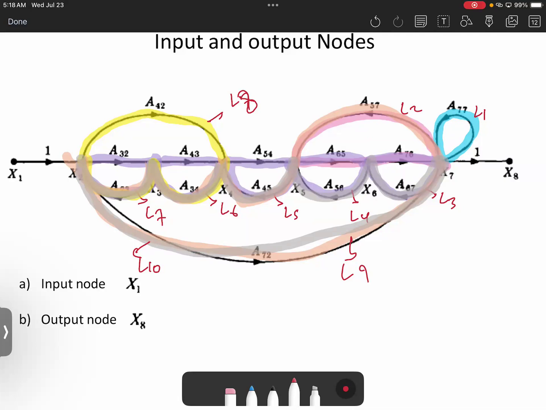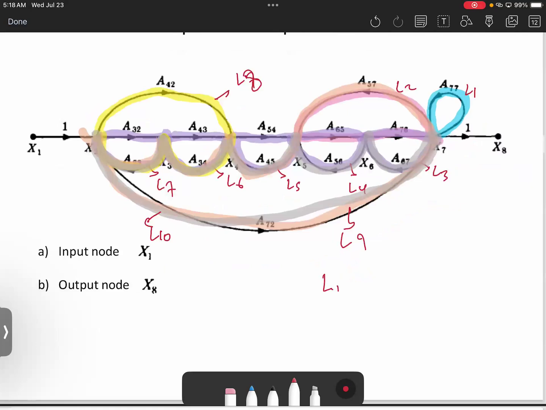Can we find the gains for them? Loop number 1. What's the gain? The blue. A77, right? Loop number 2, A57, A65, A76. That's great. How about loop number 3?